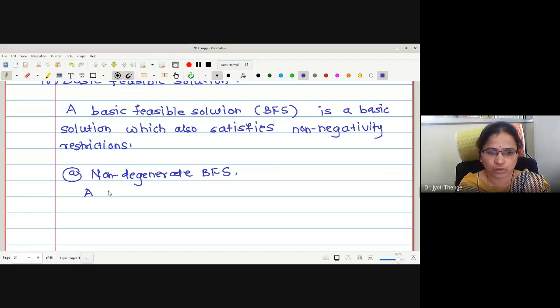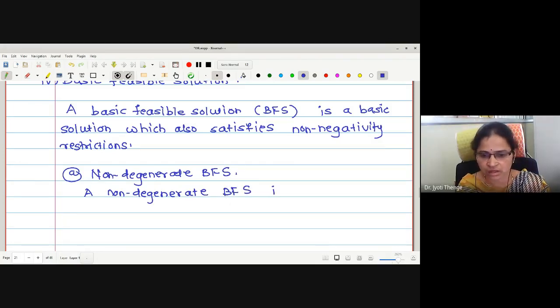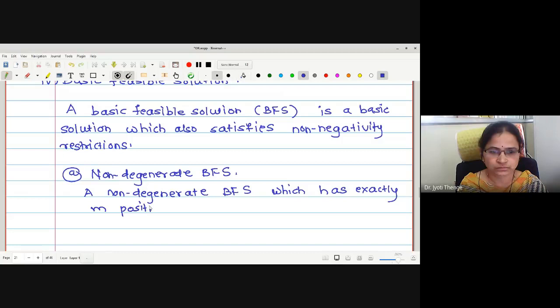A non-degenerate BFS has exactly m positive xi. That is, all the basic variables are positive.